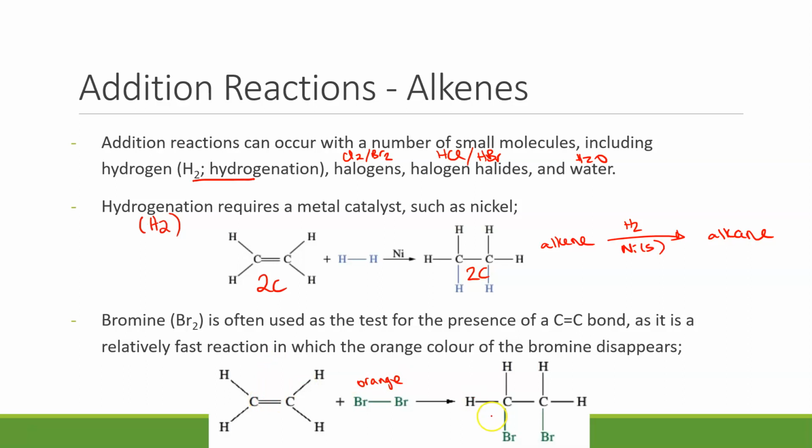So when the bromine adds across the double bond, forming the dihalogeno compound, because we're going to add 2 halogens, bromine on each side. So here we've got 1,2-dibromoethane. Okay, we lose the color.